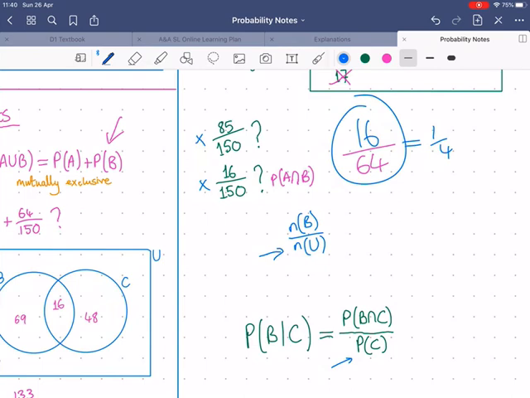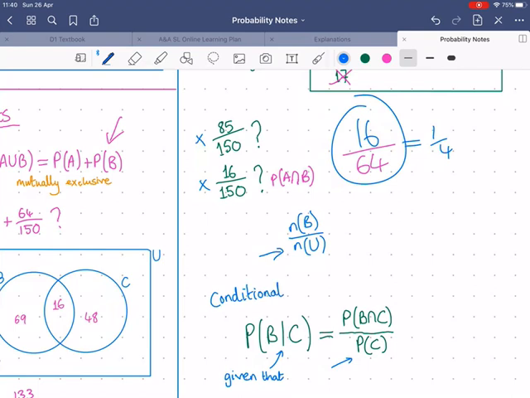Now we have some notation. This vertical line is given that. So what this means is, what is the probability of B occurring given that event C has definitely occurred? Okay, and this is what we'd call the conditional probability formula.